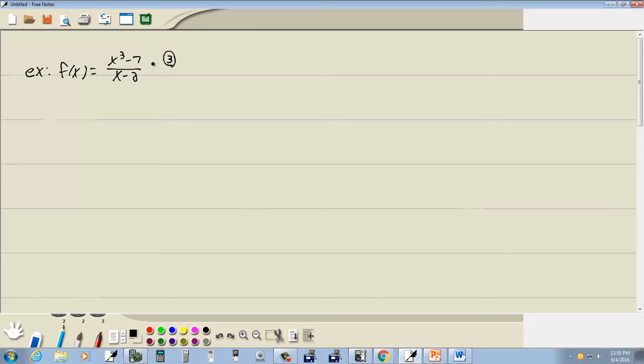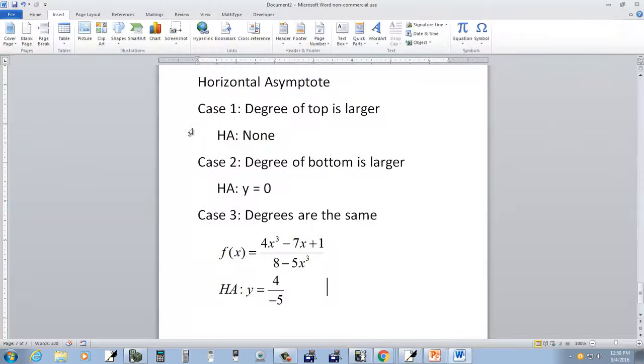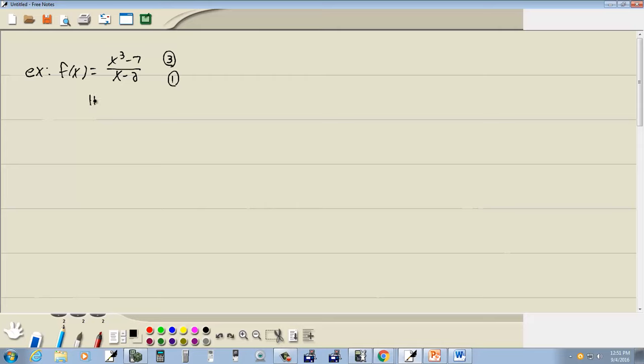Degree of the top is 3. Degree of the bottom is 1. Case 1. Degree of the top is larger. Tells us our horizontal asymptote. There is none. Now our second example. Let's say we got f of x is equal to x squared minus 7x over x to the third plus x minus 2.